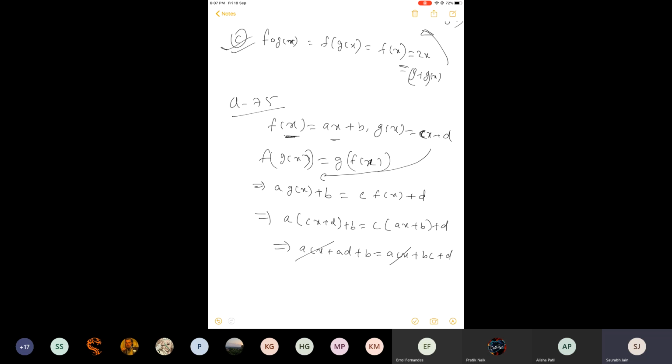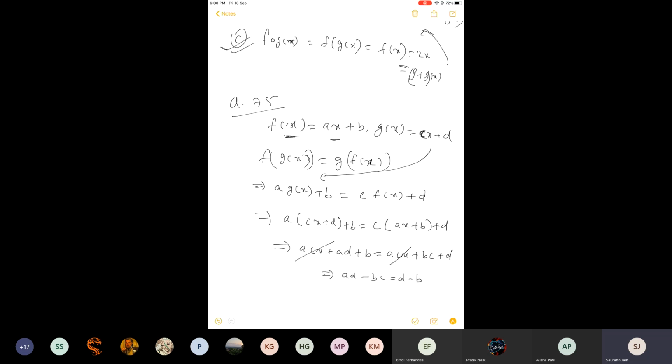They have given nothing, no relation between fx and gx, only this. Wait a minute. What is the purpose of this equation? ad minus bc, even in fact, it will not be.